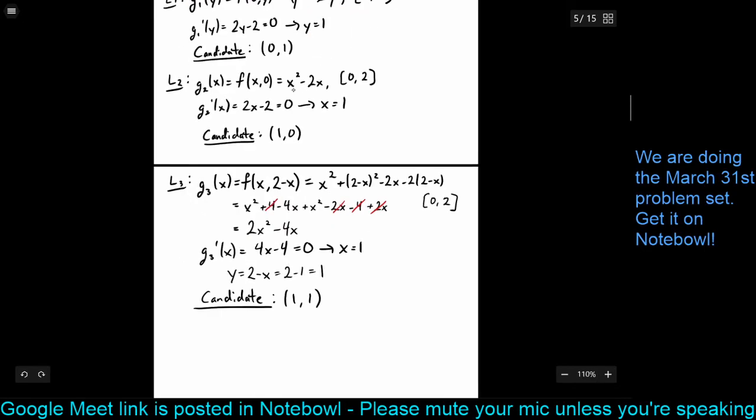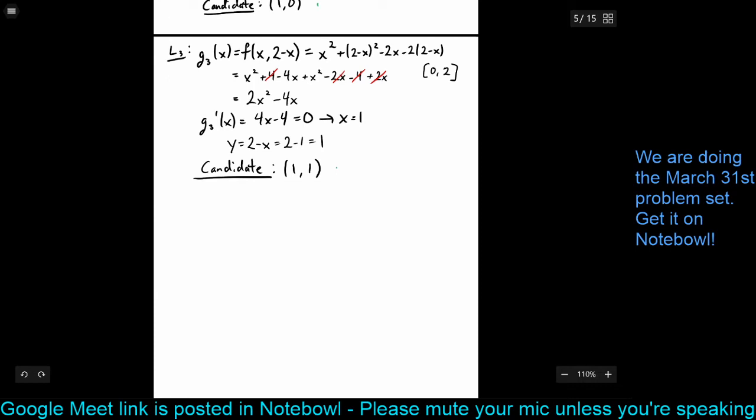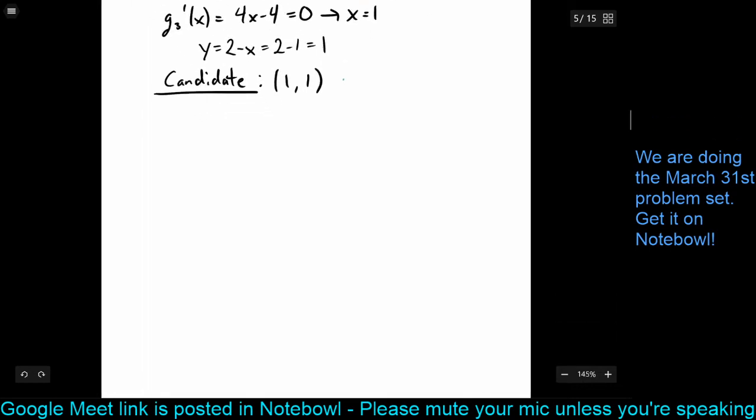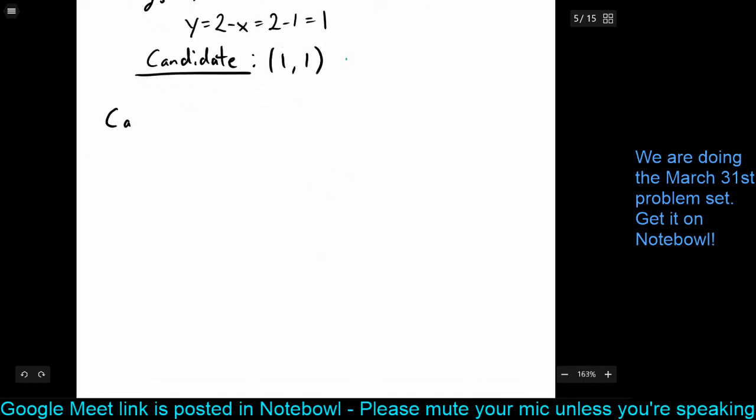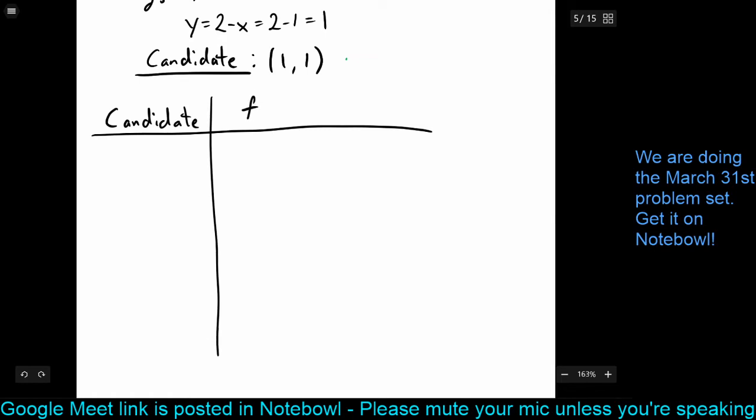So we have a candidate point from each of these three edges, and we're going to automatically include the corners of the function. So what we're going to do is plug in all of our candidates into our function here.